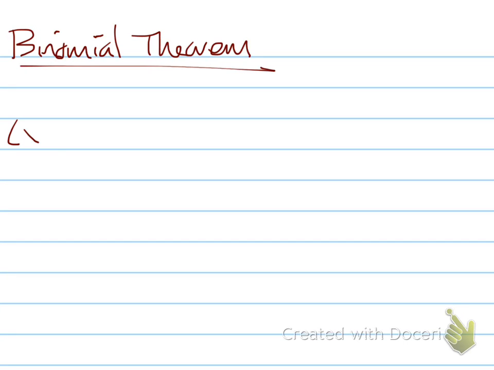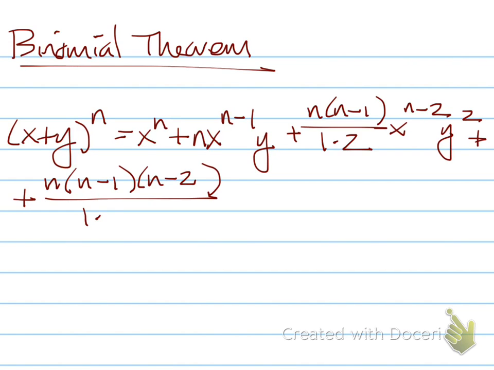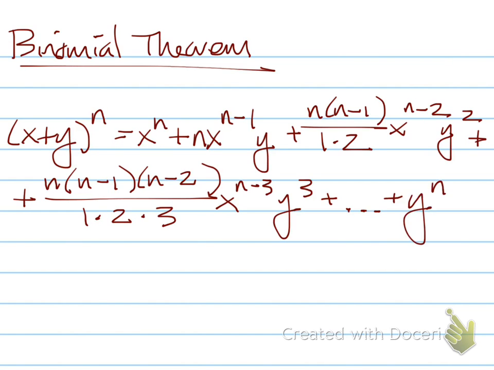The binomial theorem says that whenever you have a binomial to the nth power, the first term is always going to be the first term in the binomial to the nth power.